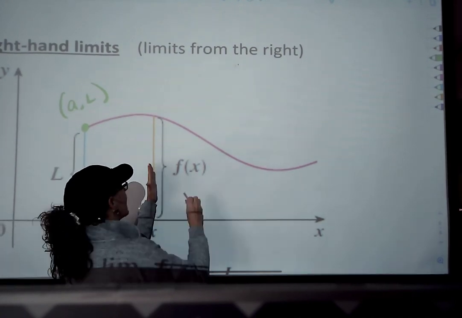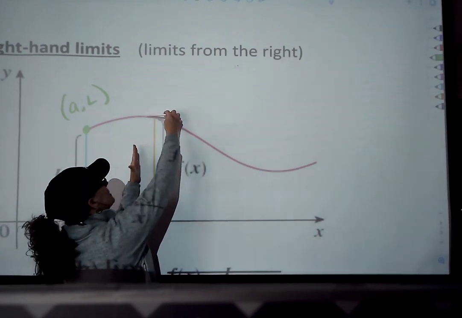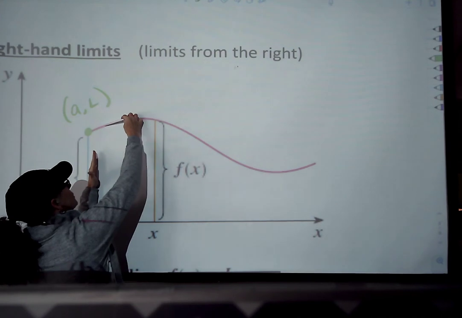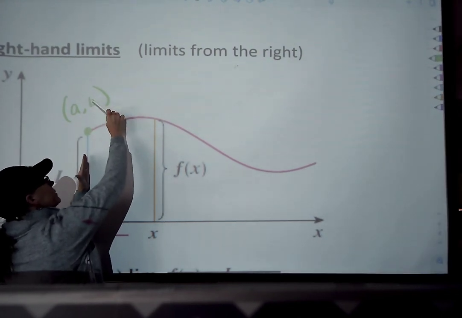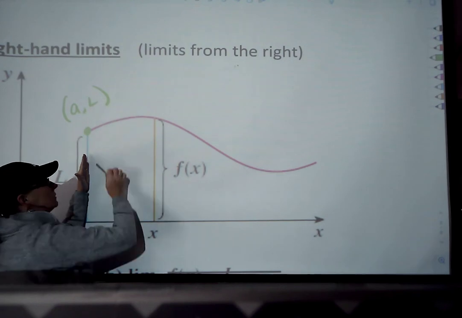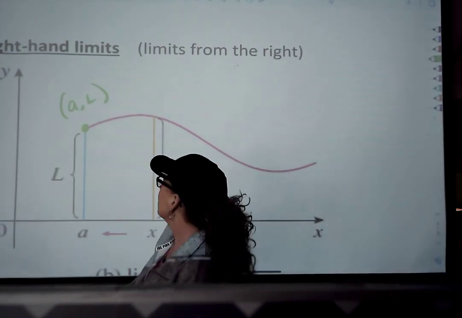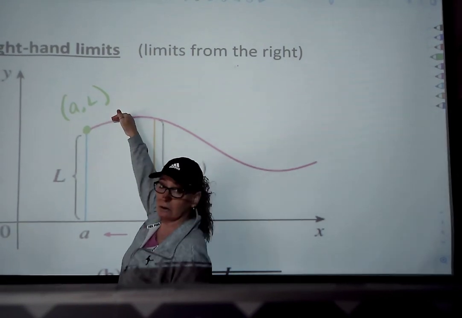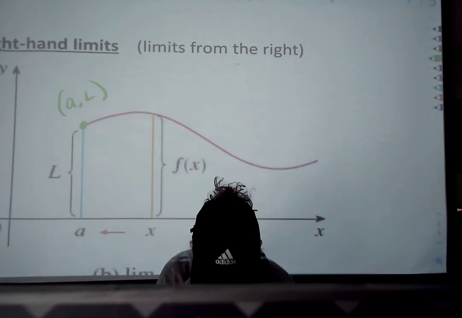As I do that, I'm going to watch the height of the graph. Where is the height of the graph headed as my eyes move closer and closer to a? The height of the graph is headed toward this y value. Right? The height of the graph was higher than this y value for a while, but it came back down and it was headed toward this y value.